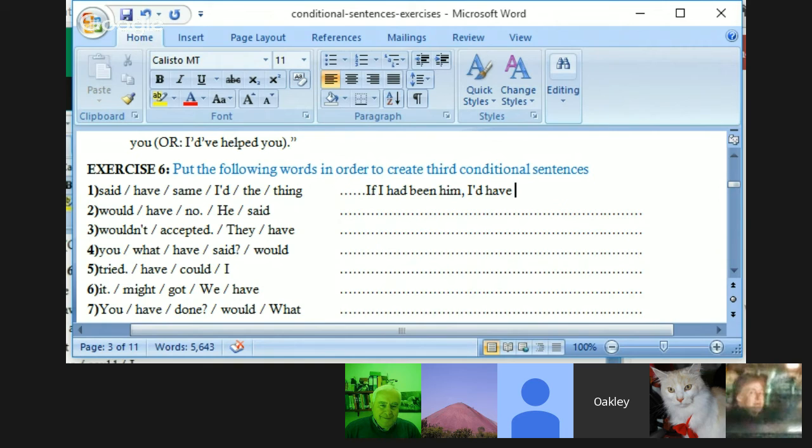We need to have them in order: would, have, and the past participle of the verb. I'd have said is the verb, the main verb. Something. And the difficulty here is that we don't have the if clause, so you have to make your own if clause.